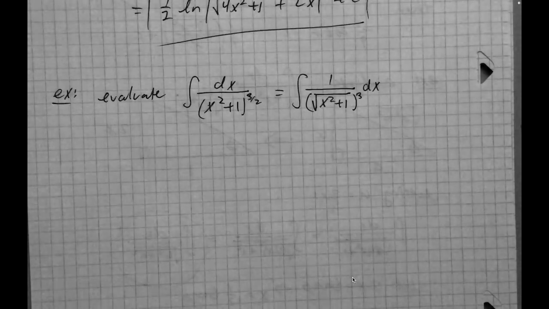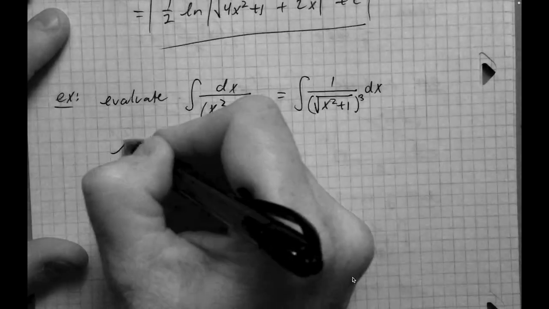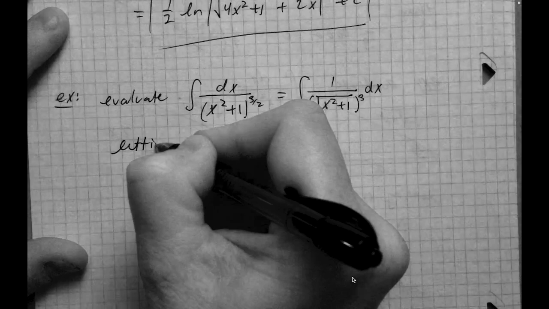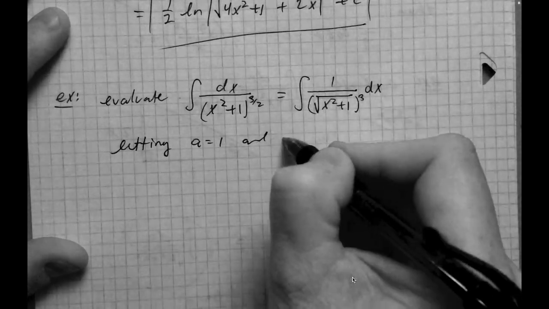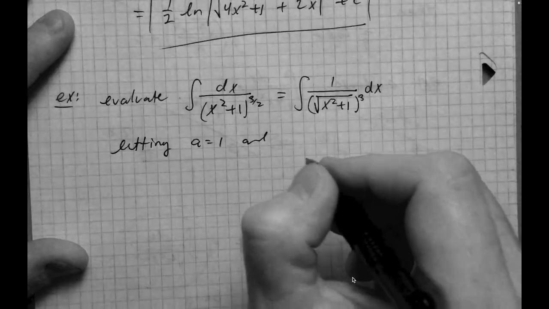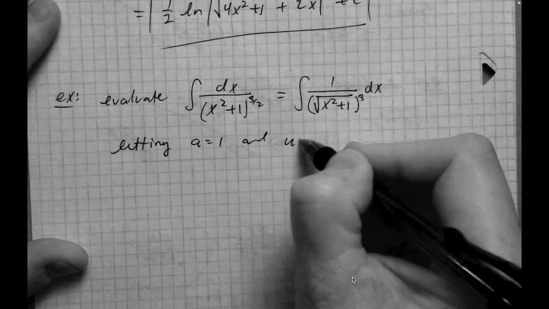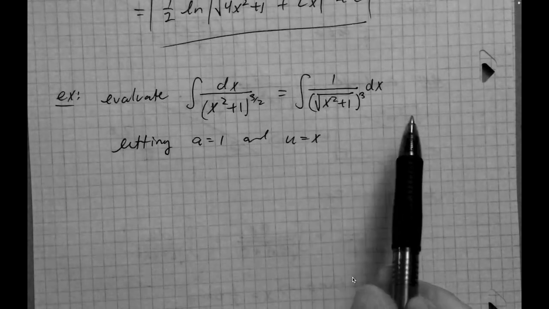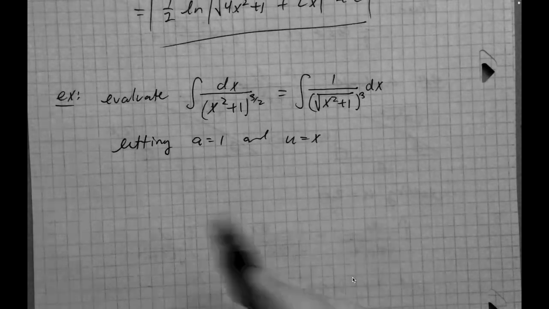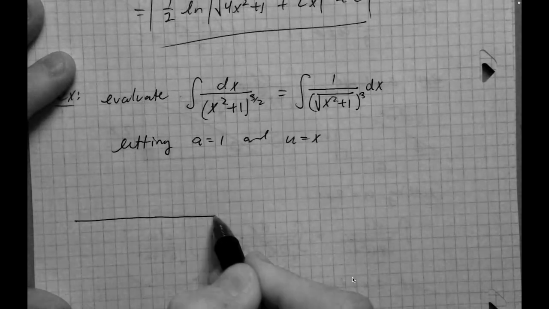Okay, so letting a equal 1 and of course u equal x, that's going to spit out the form that we're interested in. Right, so we'll have a triangle that looks like this.